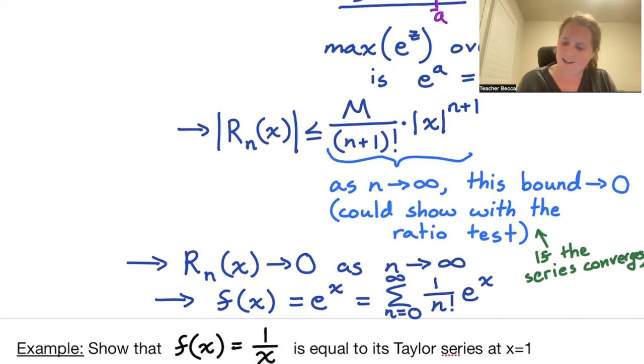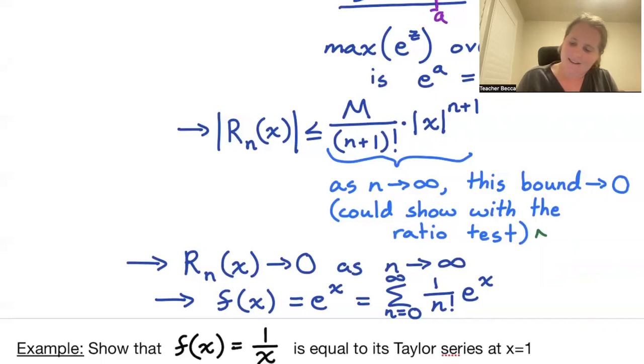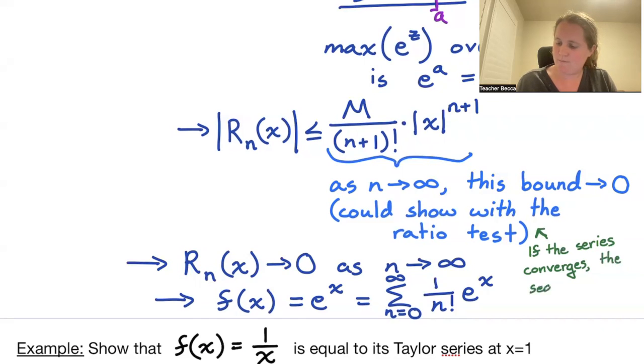Let me make a smaller pen so it's not as sloppy. All right, so what we have here is if the series converges, the sequence must go to 0.